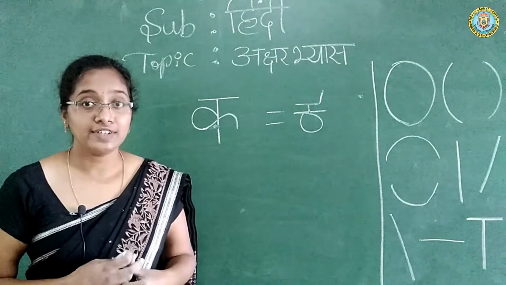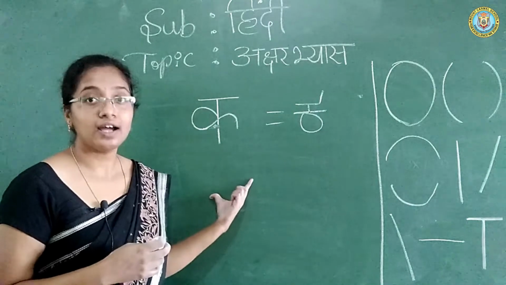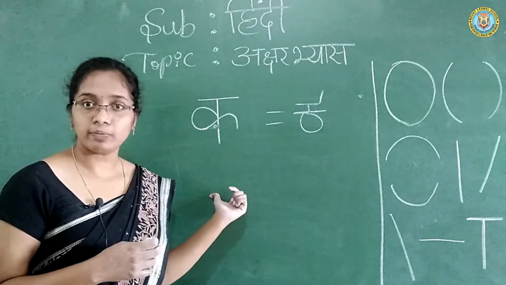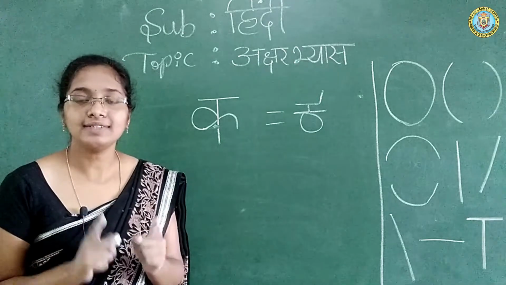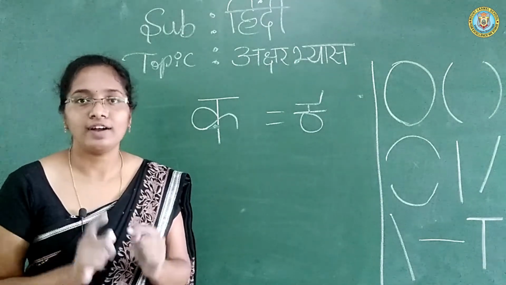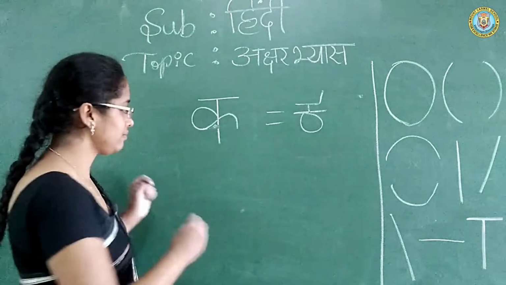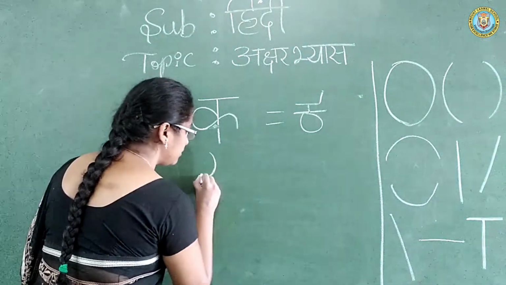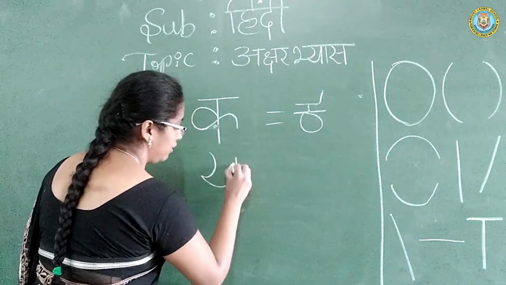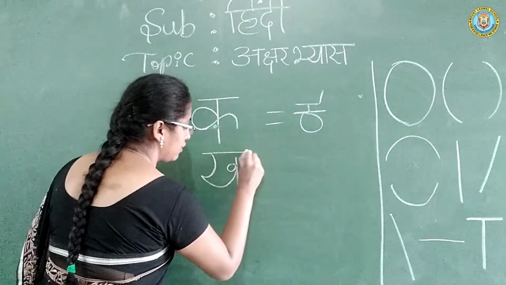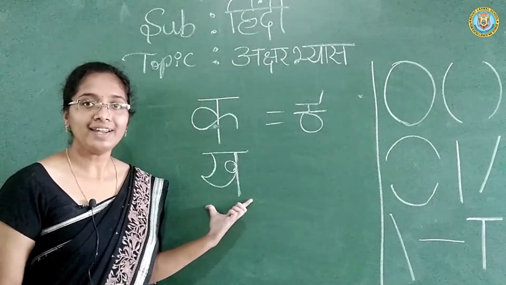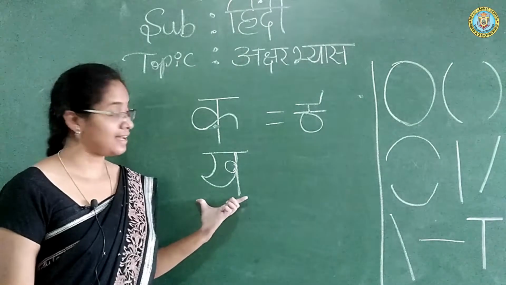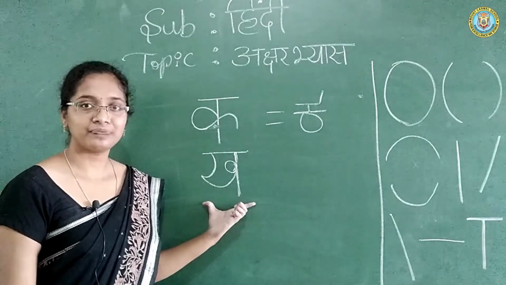Now I will ask you another question. I will write one Hindi word on this board. You have to tell me how to pronounce that Hindi word. So, now tell me how to pronounce this Hindi word.